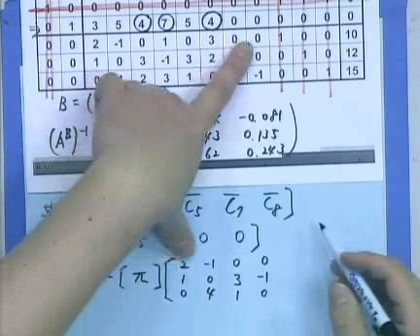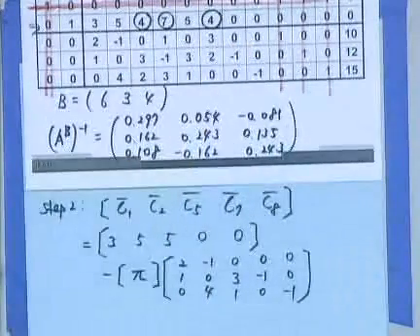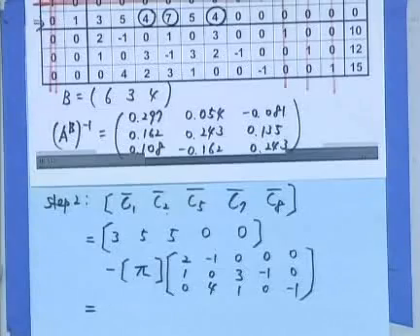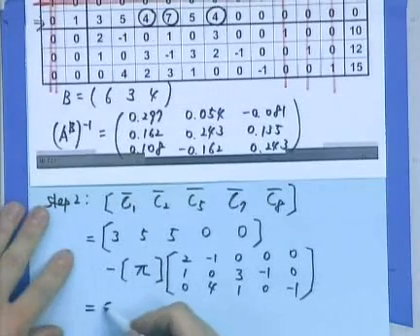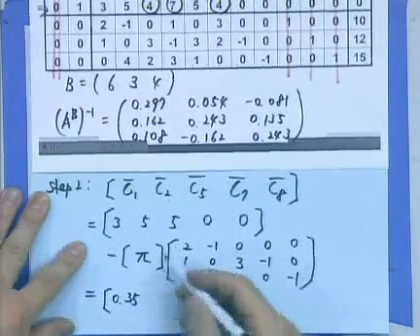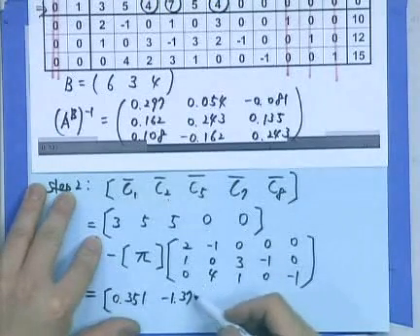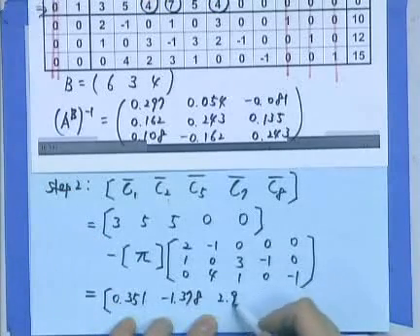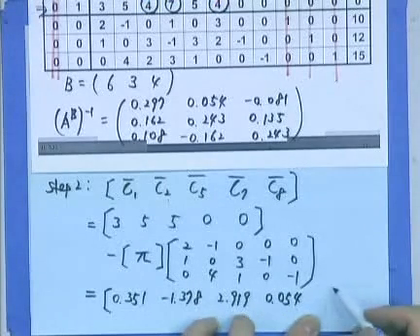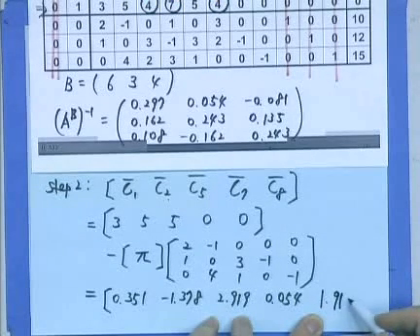And the last one is 0, 0, negative 1, right? And in my calculation, the answer is 0.351, negative 1.378, 2.919, 0.054, and the last value is 1.919. Okay?